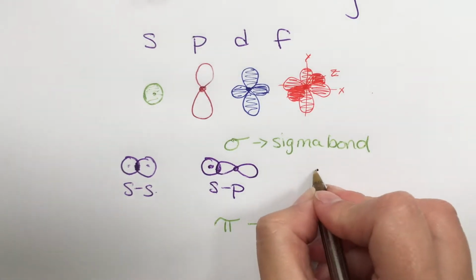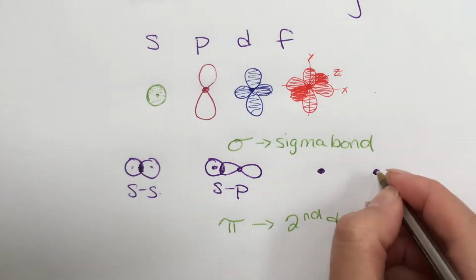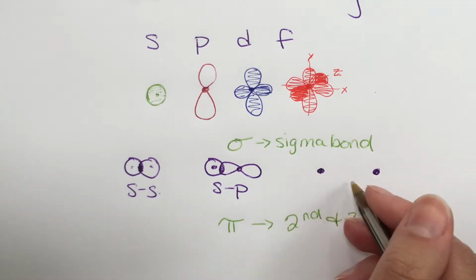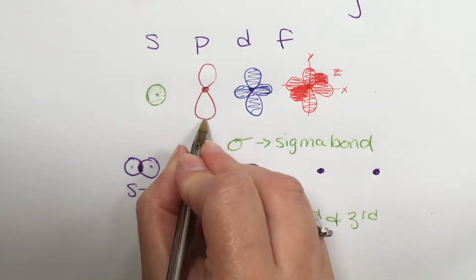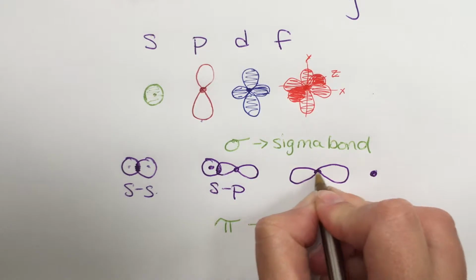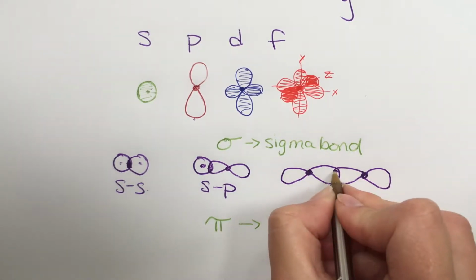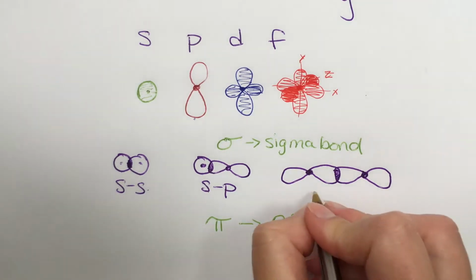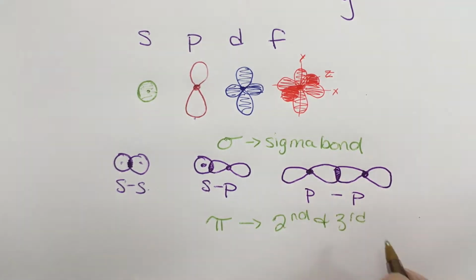Another way you can have a sigma bond is by 2 things from the p block overlapping, the p orbitals overlapping head to head. What head to head means, you can consider like the head of it. So it would look similar to this, like maybe chlorine. So you would have a p orbital bonding with a p orbital head to head.